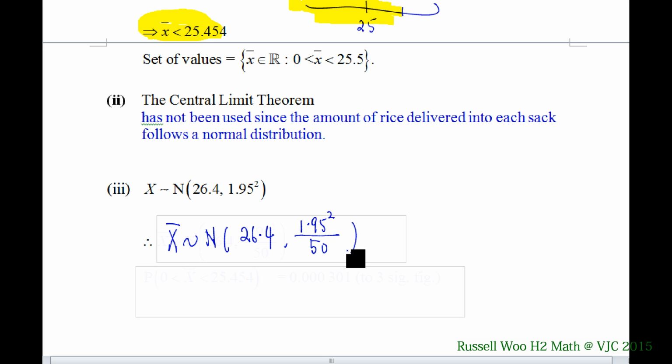So now, in order to conclude that you don't reject H naught, it's equivalent to finding this. I'm going to use the 5SF figure, okay, for accuracy.